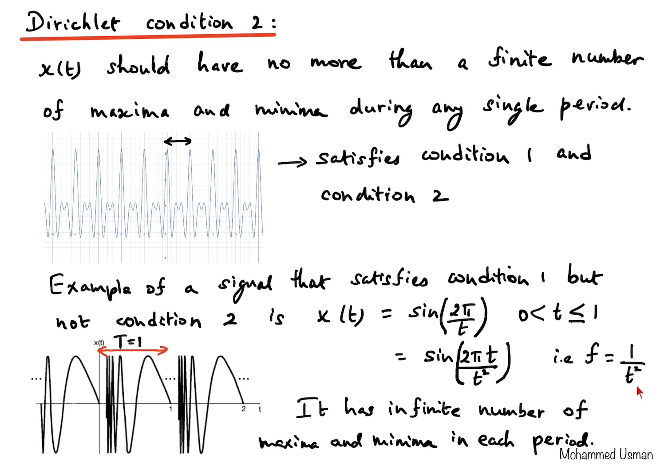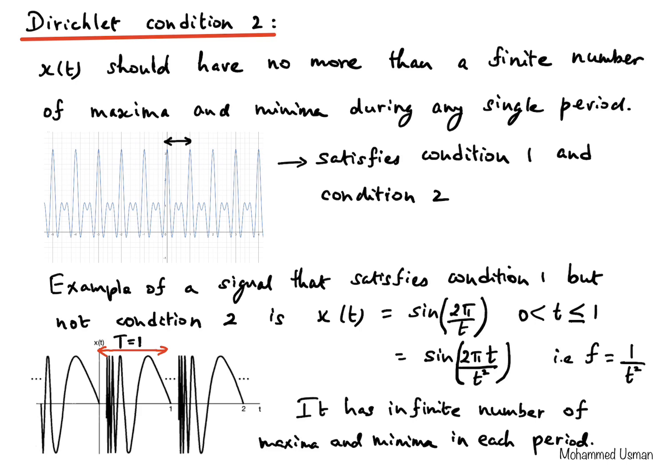So infinite cycles means it is oscillating at an infinite rate. That means it was having infinite maxima and minima. So these maxima, the highest peak and the lowest peak here, the highest peak, right? So within one time period of the signal, there are infinite maximas and minimas.